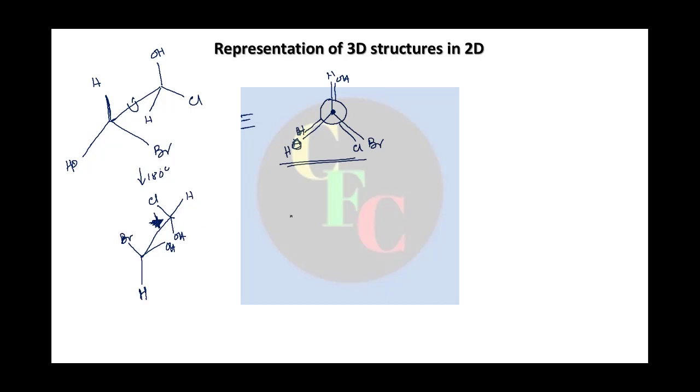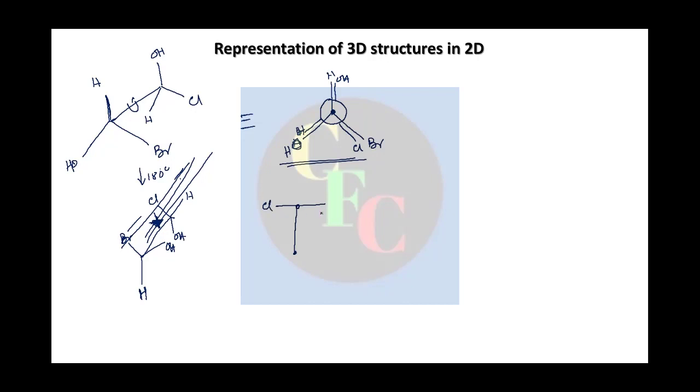It will look like, and say if you are rolling it, suppose you are putting a heavy load on this so that it is flattened, then how will it look like? You have a bond with this, this is the C1 and this is the C2. Okay, now we have flattened it, so it will look like this, as in Fischer projection.